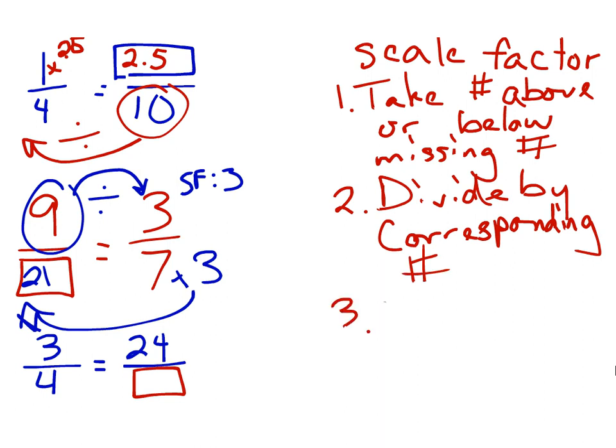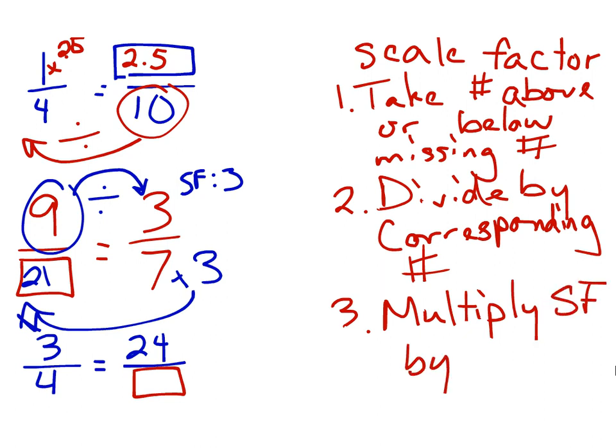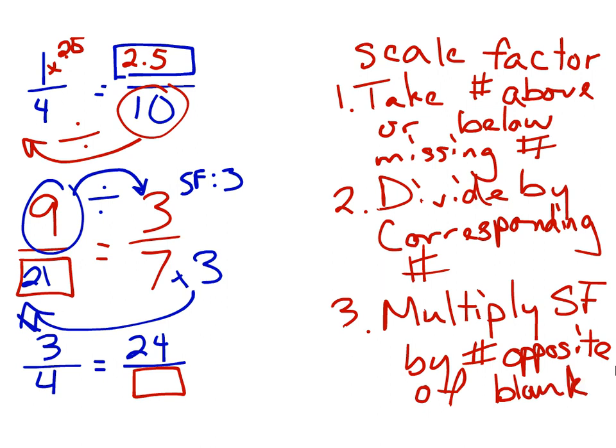Step 3, multiply scale factor by number opposite of blank, or opposite of the missing number.